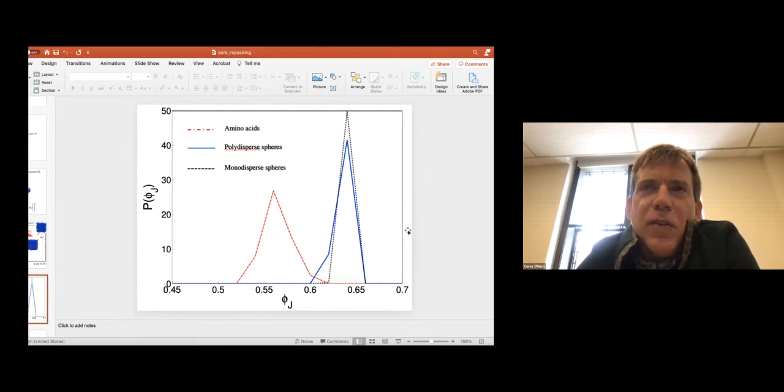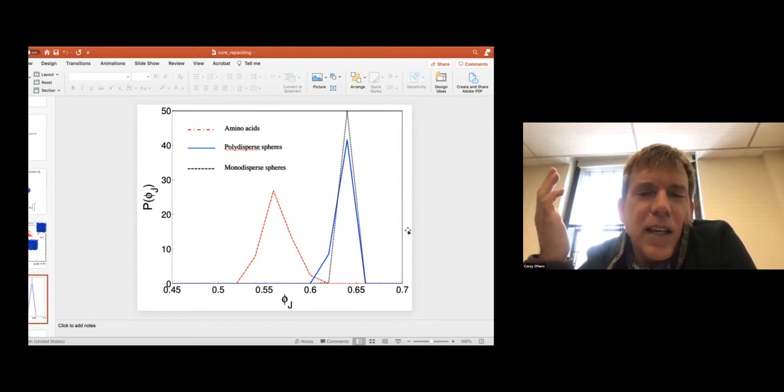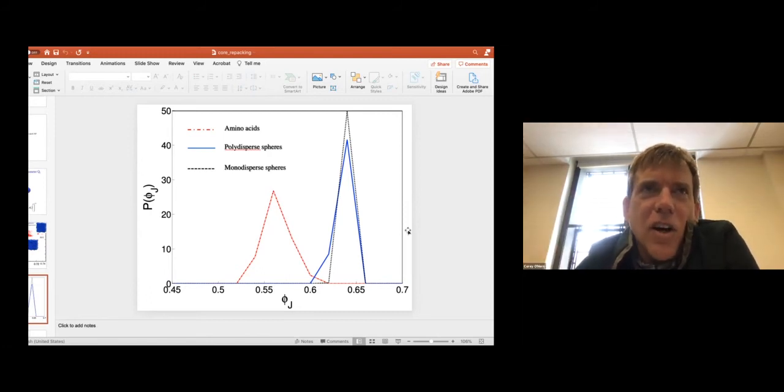So the spheres with different sizes can move around. And we found that there's no real difference from random packing of same-size spheres. Just the fact that the sphere sizes are different doesn't cause a big difference in packing fraction. You still get 64%, what you would get for monodisperse disconnected spheres, whereas the amino acid packings get a peak at 55, 56%.